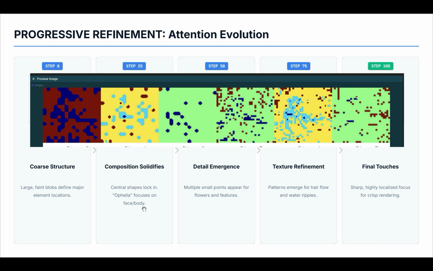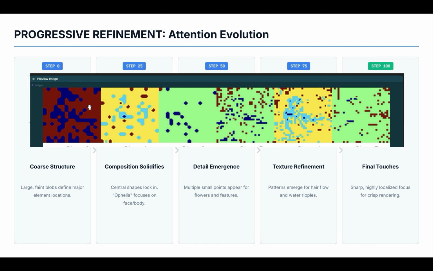Central shapes lock, like Ophelia focuses on face and body, the main object, the main character. The detail emergence: multiple small points appear for flowers and features. The texture refinement: patterns emerge for hair flow and water ripples. And the final touches: sharp, highly localized focus for crisp rendering.